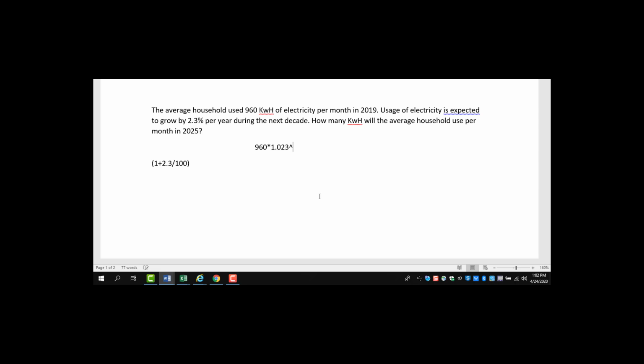And I'm going to raise that to the power of 6 years, from 2019 to 2025. So I'm raising that to the 6th power, and I will get 1100.34. So that's what you can expect the average household to use per month in 2025. Typical problem.